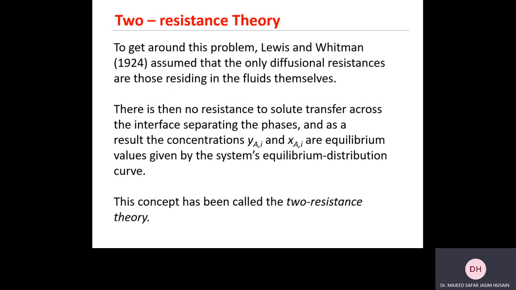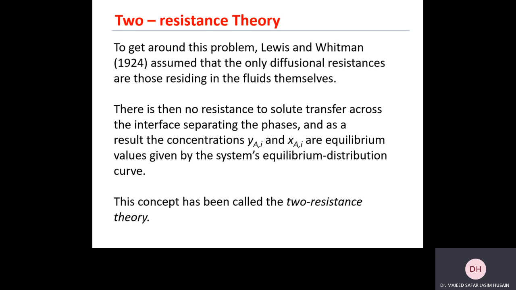Well, to get around this problem, Lewis and Whitman in 1924 assumed that the only diffusional resistances are those residing in the fluids themselves. So the resistances to mass transfer, the diffusional resistances, are the ones in the fluids themselves. You cannot have a resistance in the border, in the interface, only in the gas phase and only in the liquid, that is, two resistances.